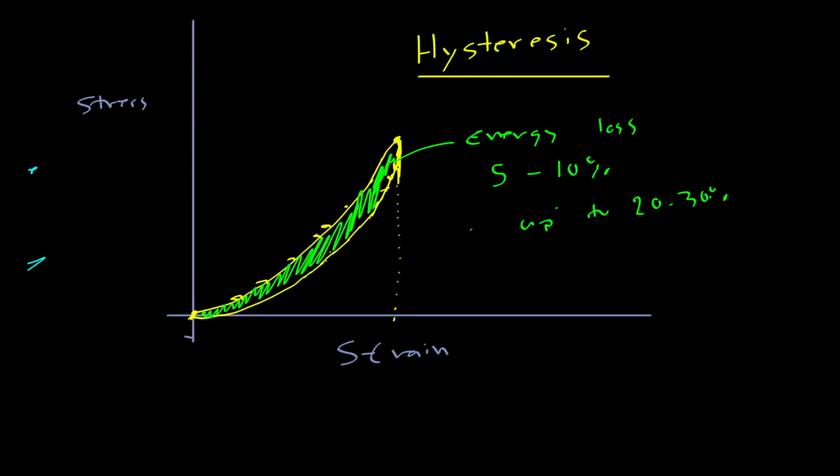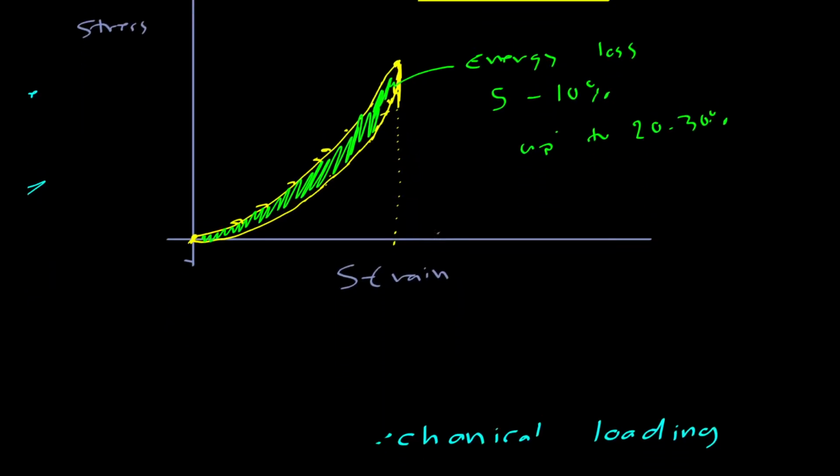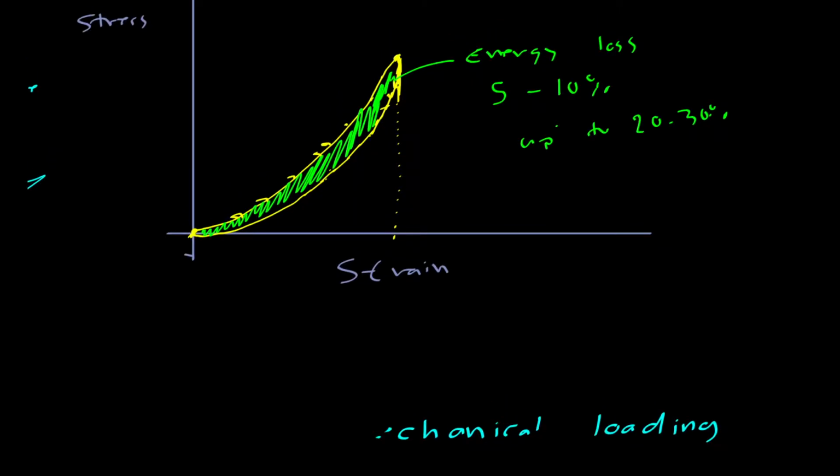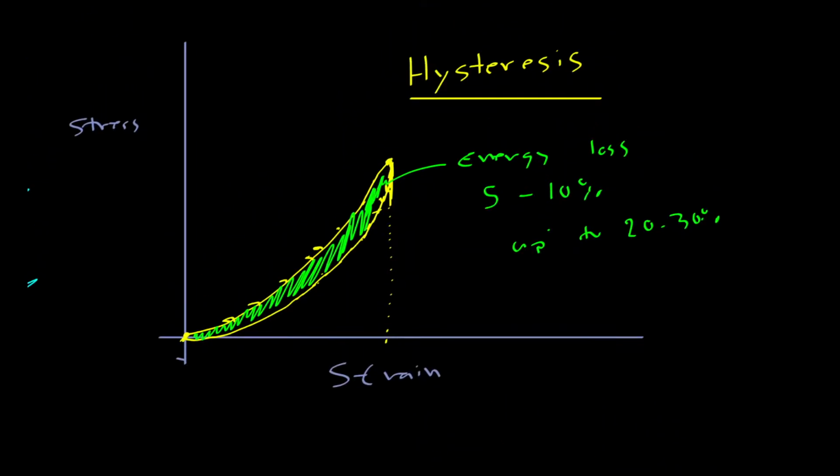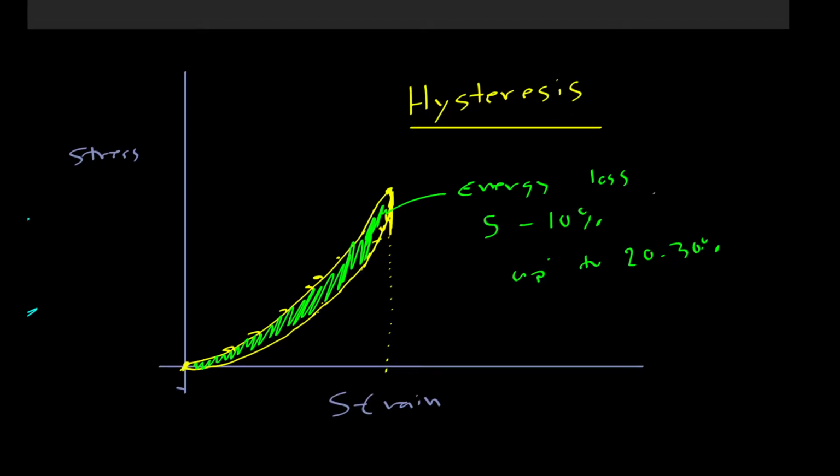You may remember, by the way, the beginning of this course, I introduced one of the topics I used to motivate what we were doing is how new developments in running shoe technologies allow people to run faster. And that actually has to do with this hysteresis. Better running shoe technologies have less energy loss.